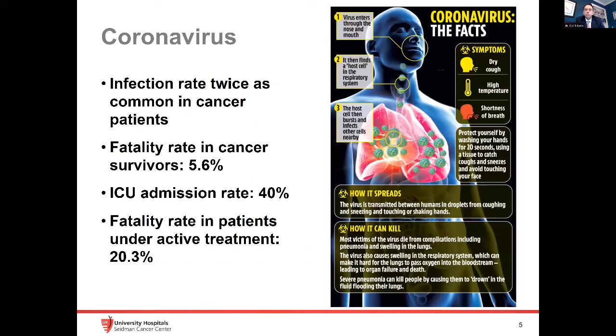Let me go back to one comment here that I want to make. Part of the reason that patients end up succumbing to this virus is because of the immune system. So if you look at when the virus gets down into the lung and it starts to kill the lung cells, our immune system attacks the virus and tries to kill it.